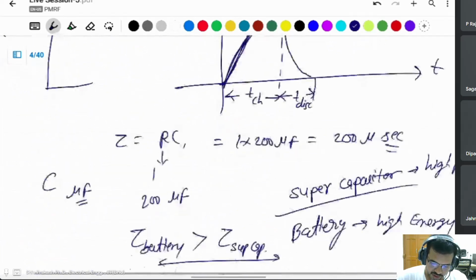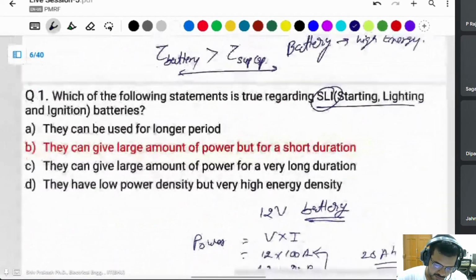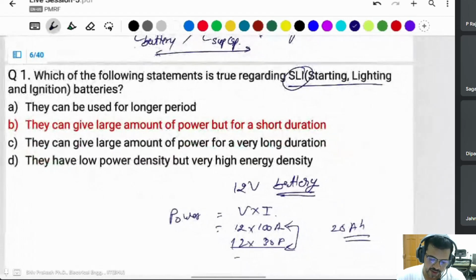Okay, then a question is asking which statement is true regarding SLI (starting, lighting and ignition) batteries. It means that they can be used for a longer period.